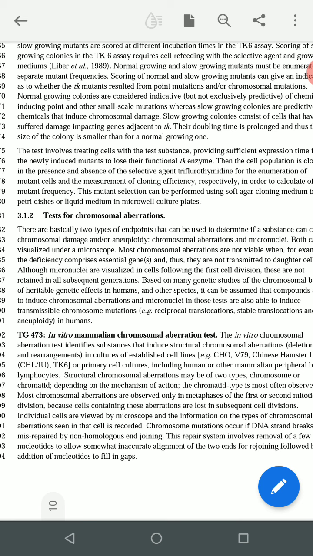So depending on the mechanism of action means our test chemical is damaging either at the level of the chromosome or at the level of the chromatid.